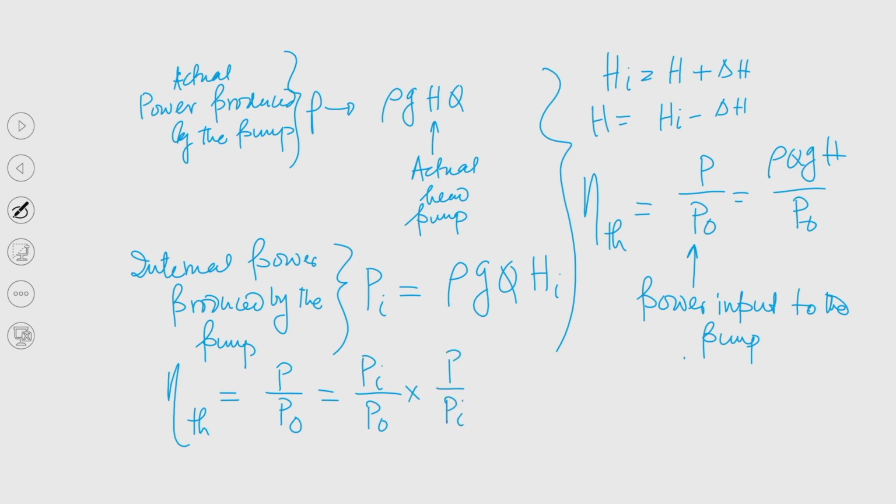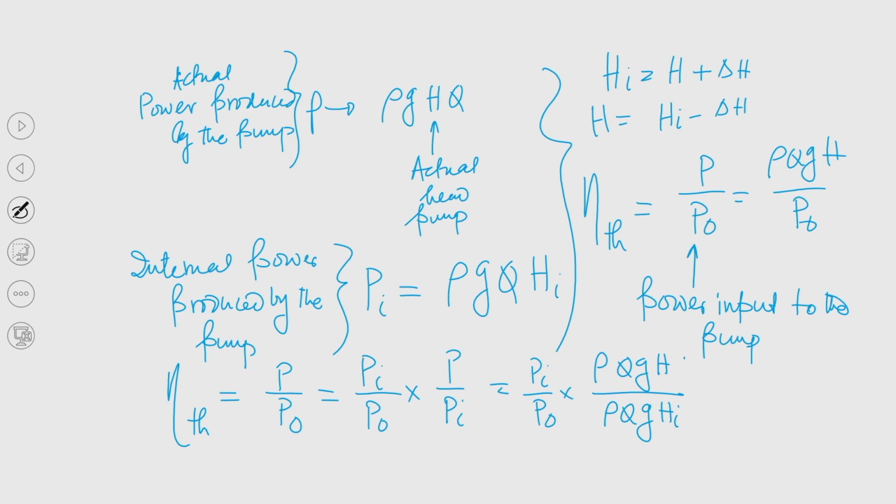Now, Pi by P naught into rho Q g H divided by rho Q theoretical g HI. Okay.